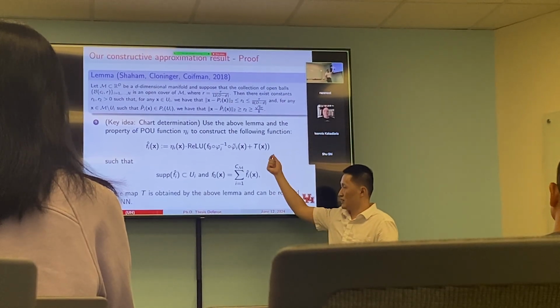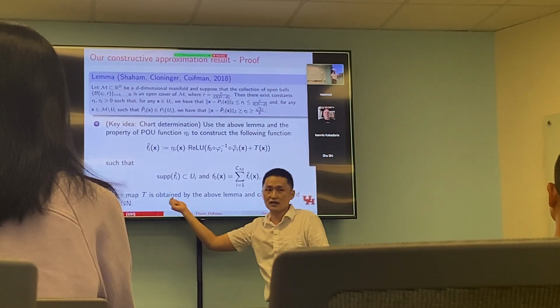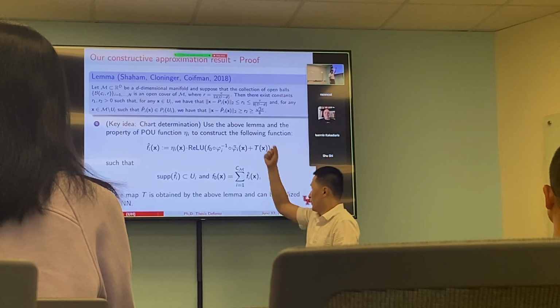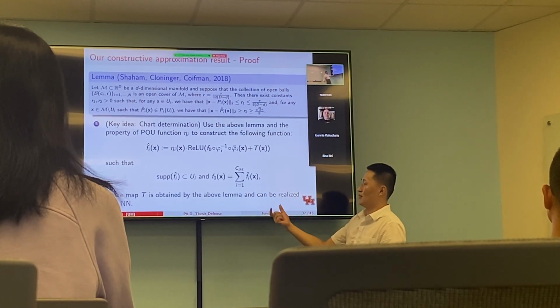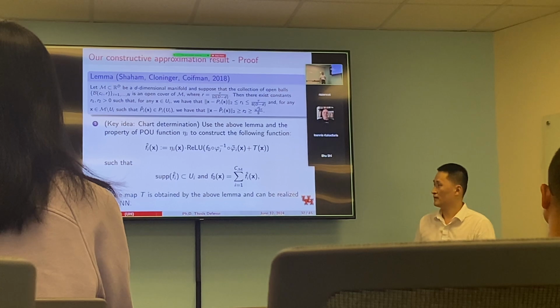What is this t? The map t is obtained by the above lemma and can be realized by a neural network.